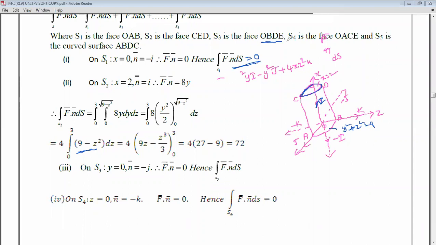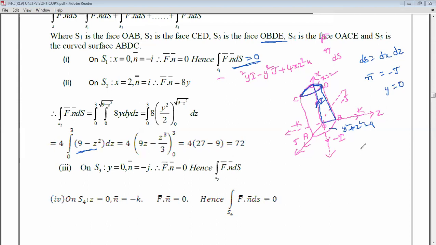Here it is having O B D E. So this is the third one. O B D E, in that, dS is nothing but the projection in the XZ plane, right? dx dz. And what about n bar? This is the outward unit normal vector, so n bar is equal to minus j. And in the xz plane, what about y? y is equal to 0.